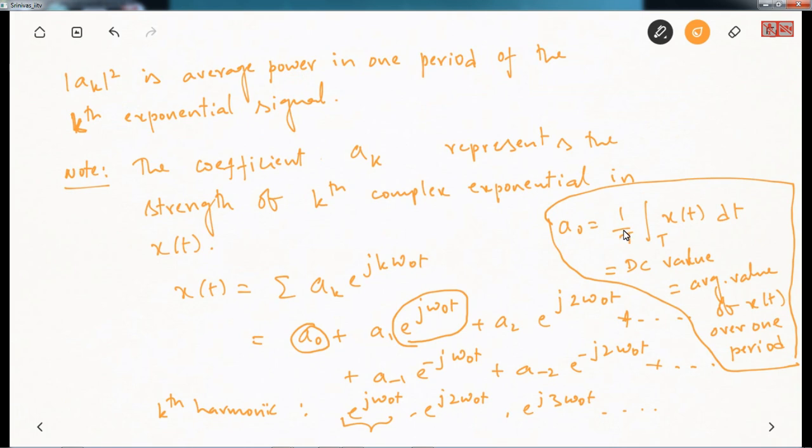So this completes our Fourier series discussion. Then we will go to Fourier transforms. How do we define Fourier transforms? The intention of the Fourier transforms is, can we also express non-periodic signals as a linear combination of complex exponentials?